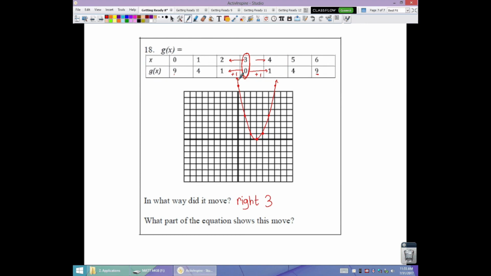It has not been dilated. So we only moved right 3. That's controlled by the h. And like we did in number 17, we need to put that in the parentheses, and it must be opposite the direction we move. Since we moved right 3, we're going to say minus 3.